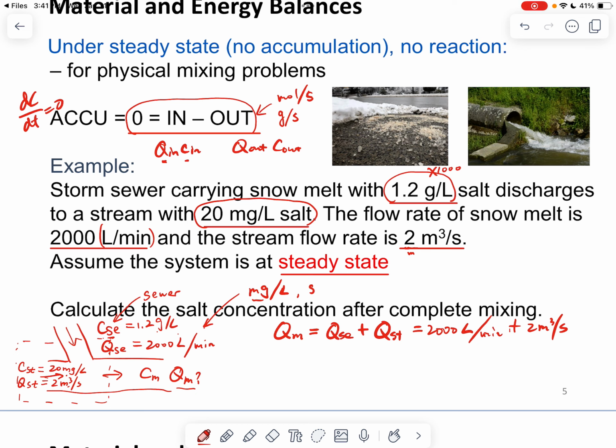Because of that, we can do the conversion here. So then you have 2000 liter divided by 60 seconds, and then plus 2000 liter, because meter cubed converted to liter is 1000, per second. So 2,000 liter per second. If you add them up together, you can cancel this. So that's basically 2033 liter per second.